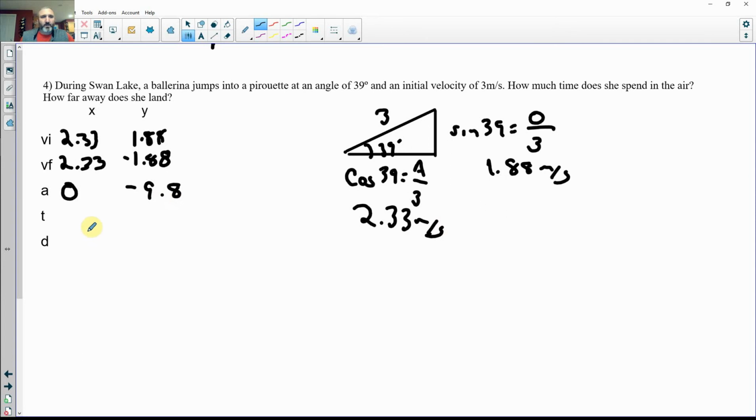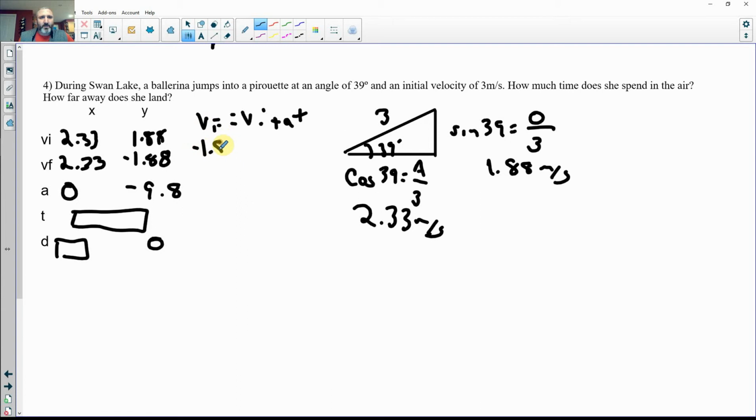Again, we're going to look at time, and then we want to know how far away she lands, because we know the final displacement in the y is going to be 0. She starts on the floor and ends on the floor. So I think the easiest thing to do is VF in the y equals VI plus AT.